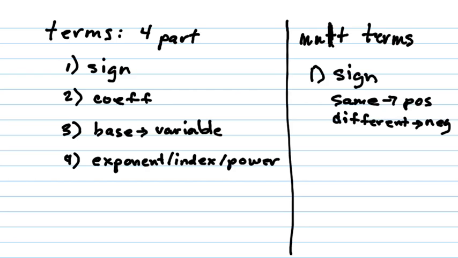So, okay. What's the second part of every term? The coefficient. Those are the numbers. And so that's the next thing you need to deal with. You would multiply the coefficients. Again, we're just reviewing what we did last time. So a 2 times a 5 is still a 10, just like it always was, right? Third part. Anybody? Base or the variable. And remember, all we did was keep the base.